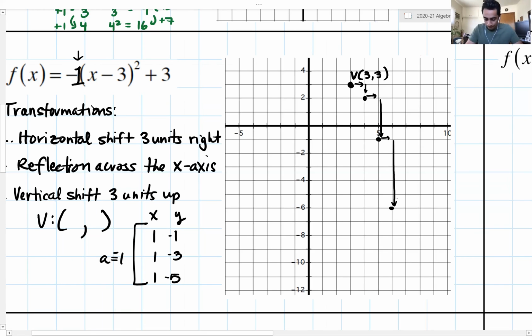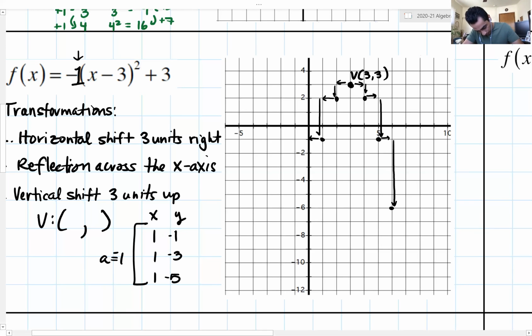Okay. And then we repeat it on the opposite side of the vertex, right? So you follow the pattern to make sure that you have a symmetric parabola. So 1 to the left now, down 1. 1 to the left, down 3. 1 to the left, down 5.